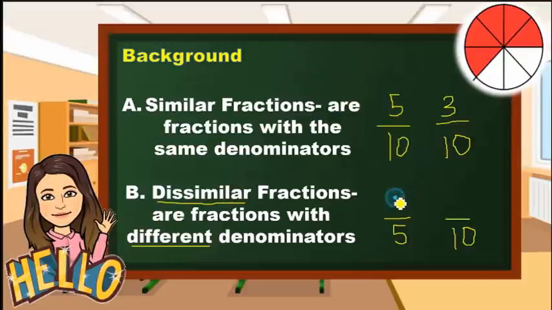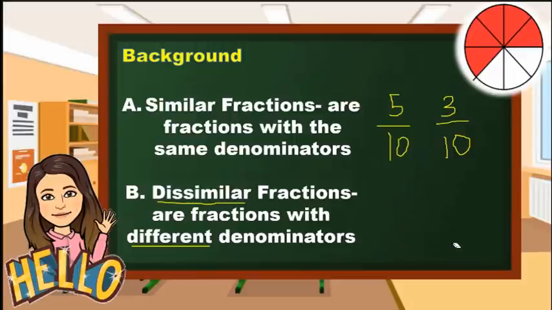We have here 2/5 and 3/10. So as you can see, the denominator of 2/5 is different with the 3/10. So lain ang denominator nila dito. That's why they are called dissimilar fractions.